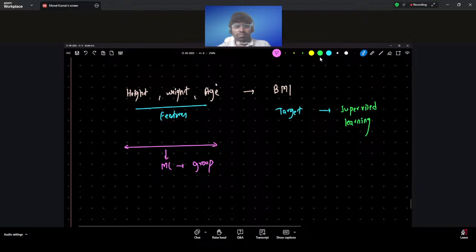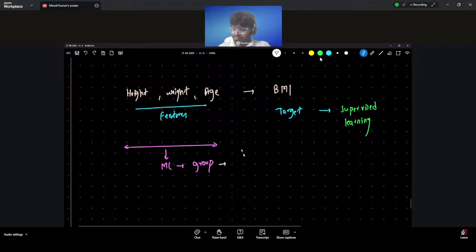So tell me, just think about it. Using height, weight, and age, if a pattern exists between them, what can we get out of this data? Guys, BMI is not even present in this one.